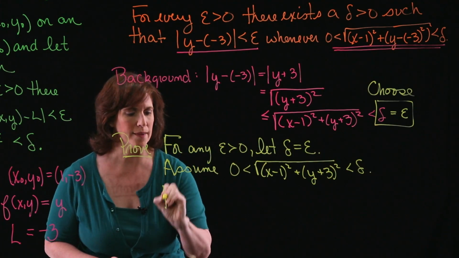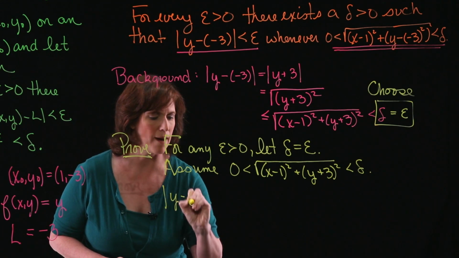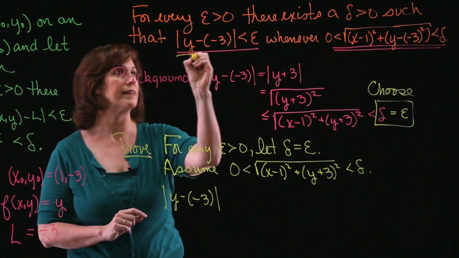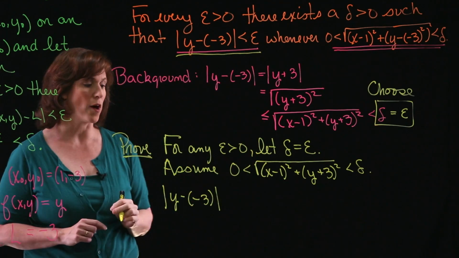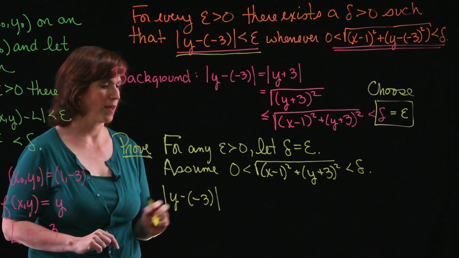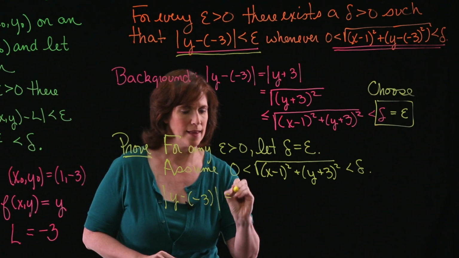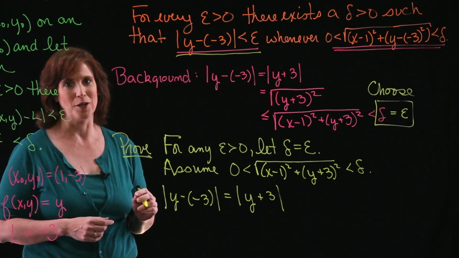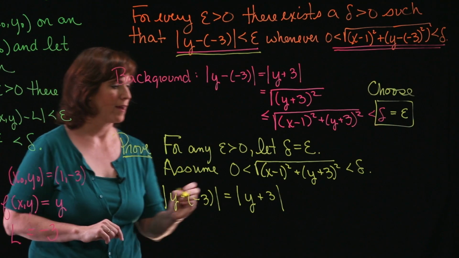So I'll begin with the absolute value of y minus negative 3. Now remember, this is the statement I want to prove. So I want to get from here to epsilon. This is the absolute value of y plus 3. This algebra part's going to look very familiar to my background work.